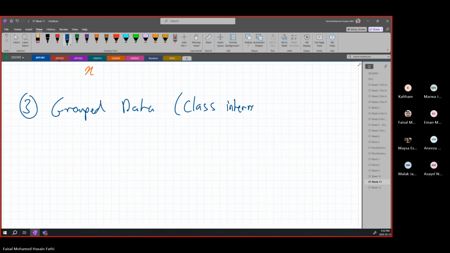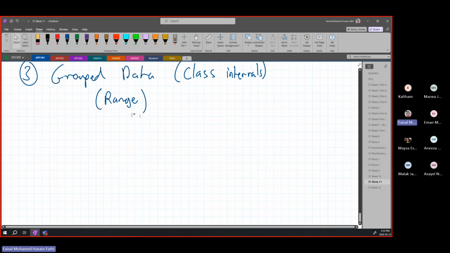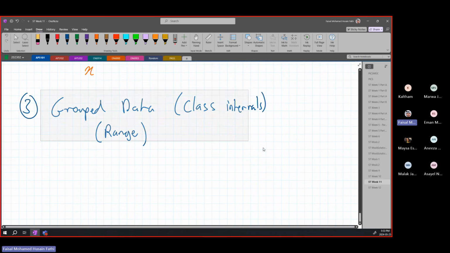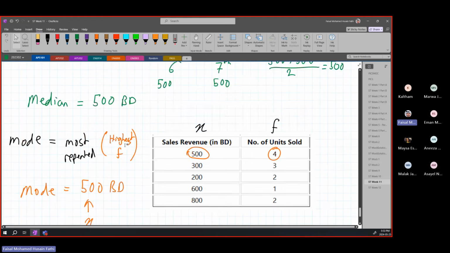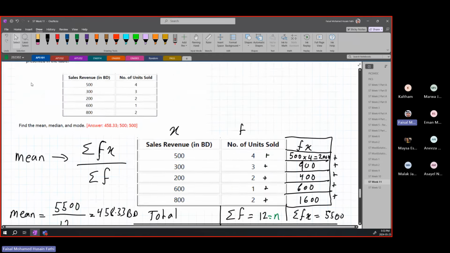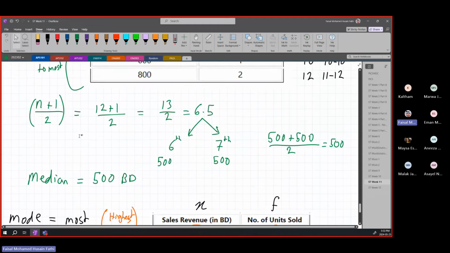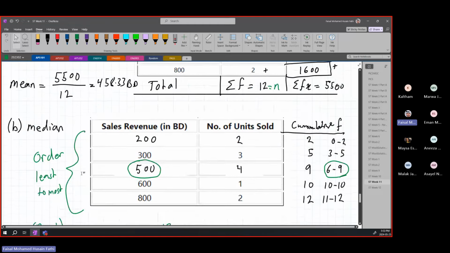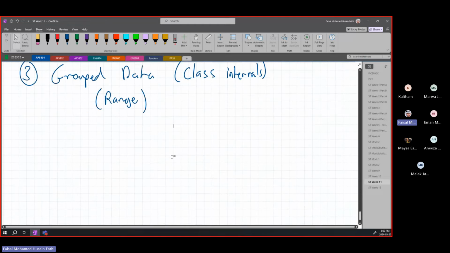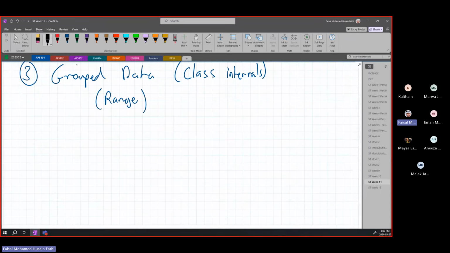All right. So basically you have a range. This is what grouped data means: there is a range of values. These are almost exactly the same equations as we did for the average, which is the mean, and the median. It's the exact same equations, but there's one extra step you are going to have to add.